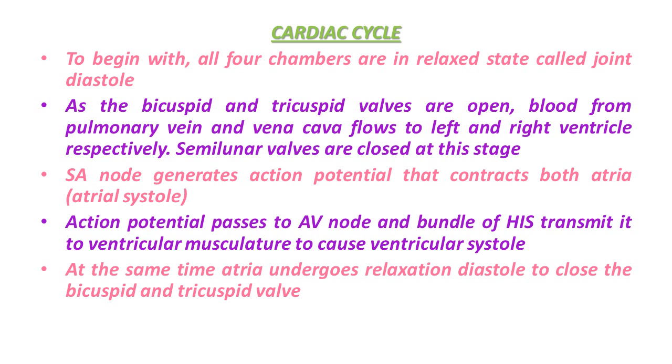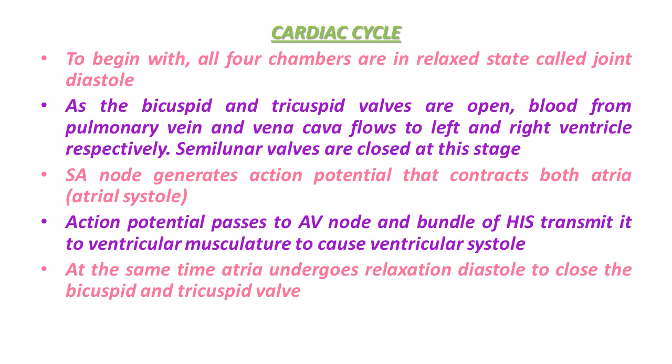SAN now generates an action potential which stimulates both the atria to undergo a simultaneous contraction. It is known as atrial systole. This increases the flow of blood into the ventricles by about 30%.